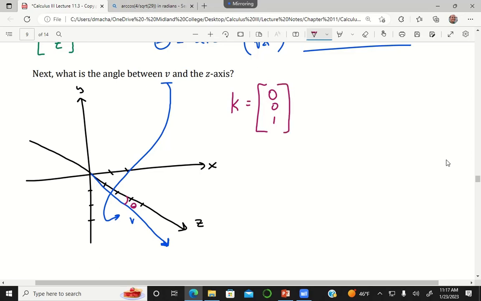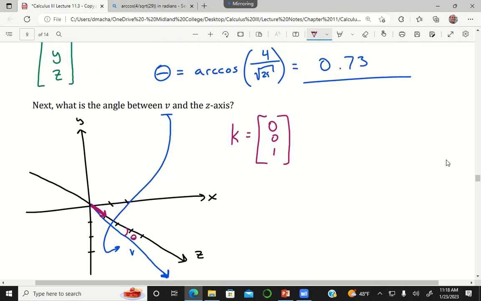We found the angle between this v vector and this k vector. Well, where is the k vector on this coordinate plane? It's this little arrow that points directly along the z-axis. This k standard unit vector is just pointing directly along the z-axis. So for the question, what is the angle between my vector v and the z-axis, that's the same thing as asking what is the angle between v and k, and so the answer is once again 0.73.